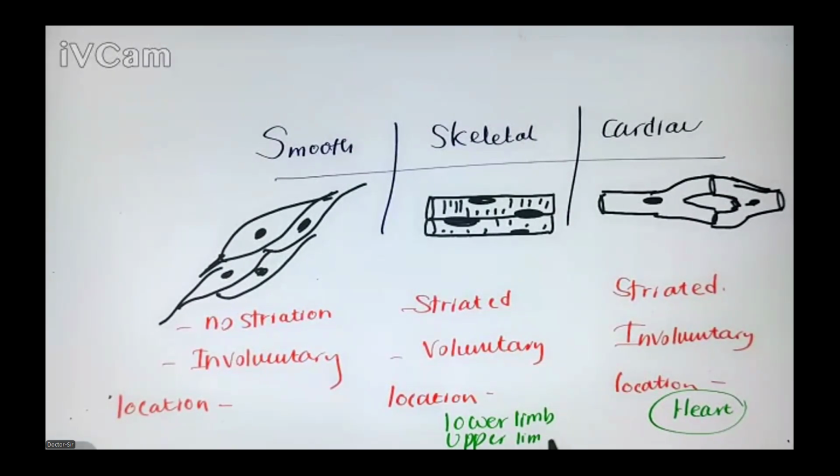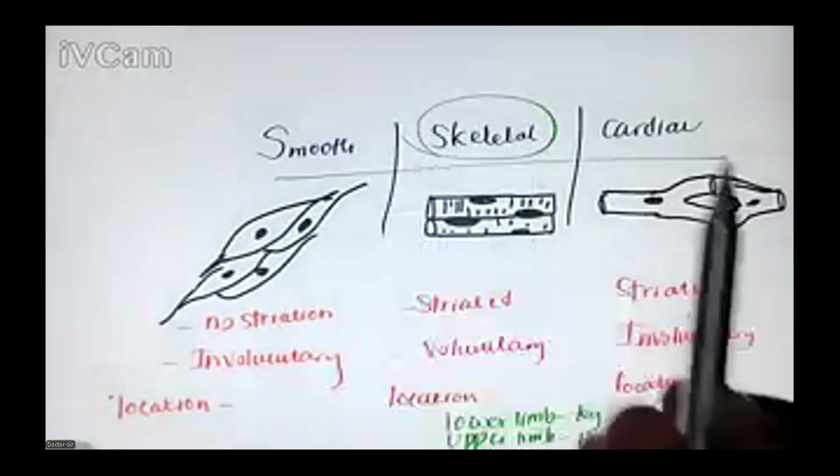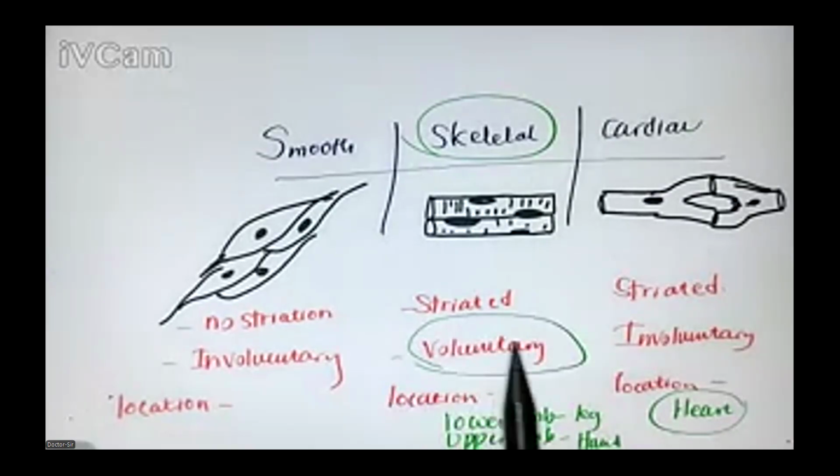So in our leg, the lower limb, and the upper limb, hand, all those have skeletal muscles. We can control them ourselves, striated cells. Then the location of smooth muscle tissue: blood vessels.